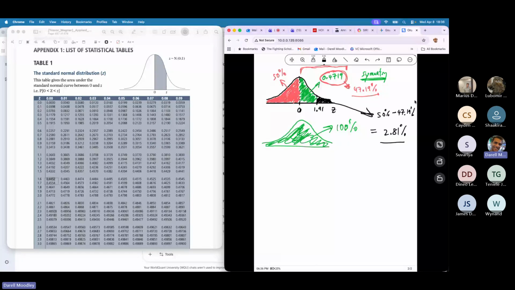So in other words, the probability of a runner being above 85 kgs is this. That's the answer. That's what you've solved.